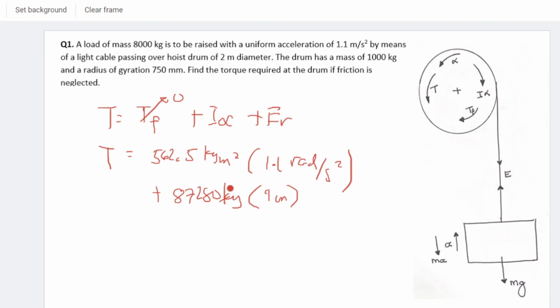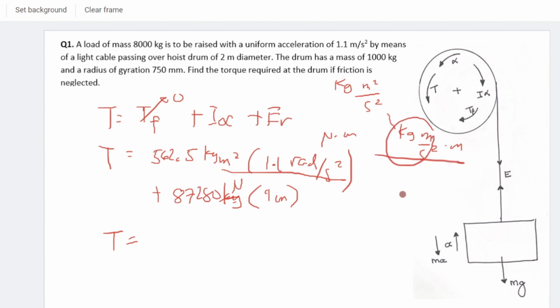I know this E is already Newton, sorry. So torque could just be calculated. The unit here, when you multiply, is Newton meter. Meaning when you have kilogram multiplied by meter squared over second squared, it is just equal to kilogram meter per second squared multiplied by meter.